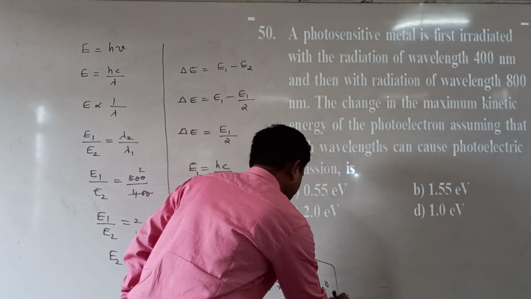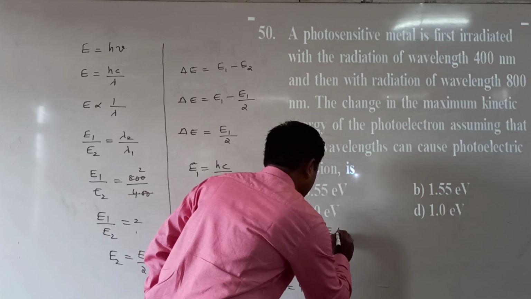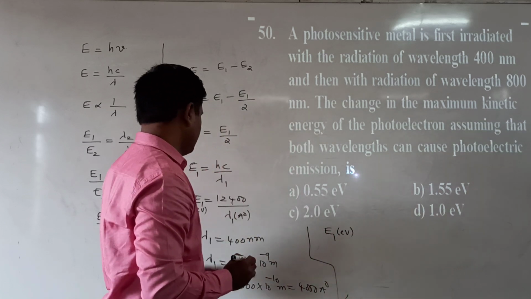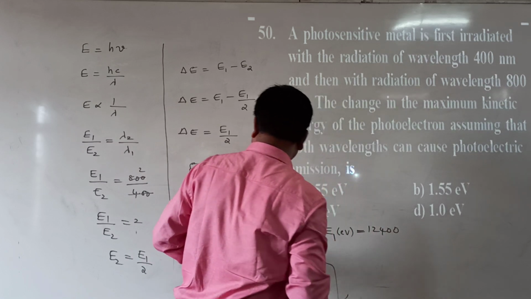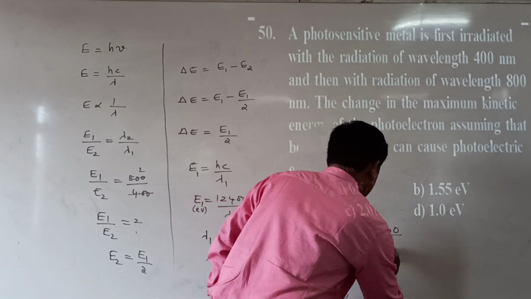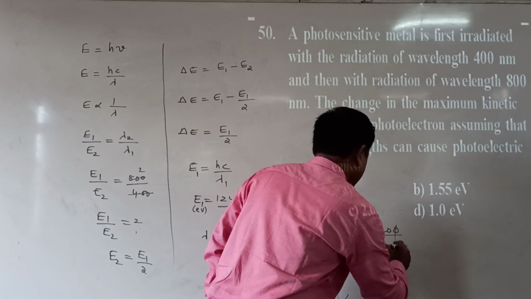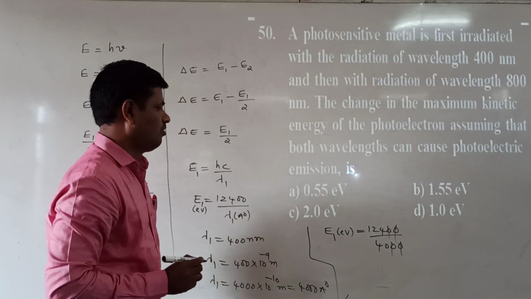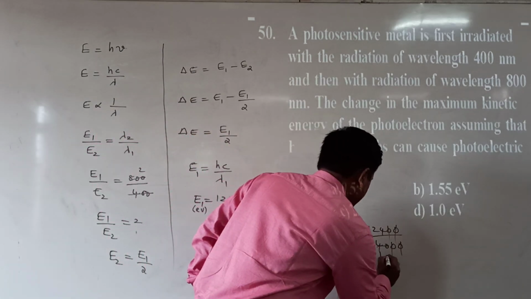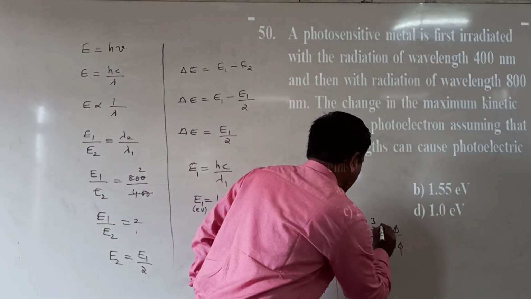Now what are we getting here? E1 is equal to, E1 we get in electron volts, that is 12,400 by 4,000. These two zeros are cancelled. Now this is 124 by 4 ones are 4, 4 threes are 12.